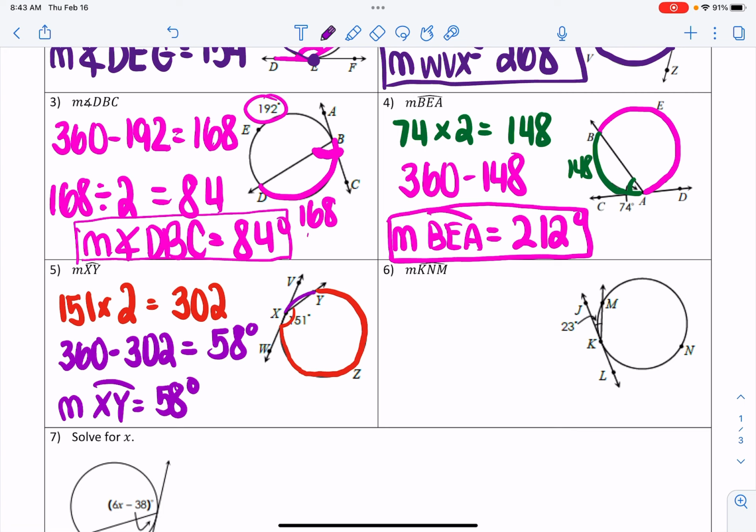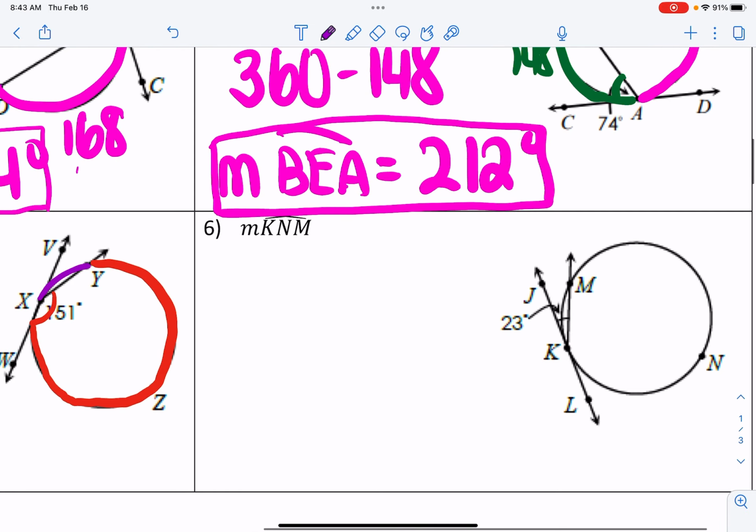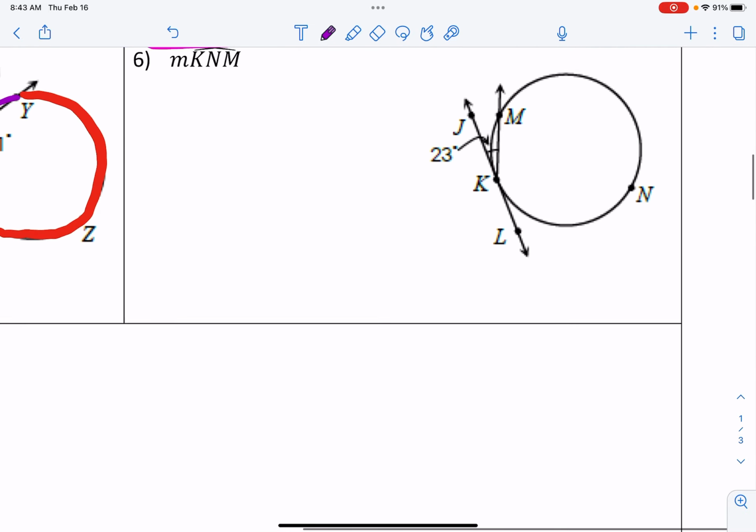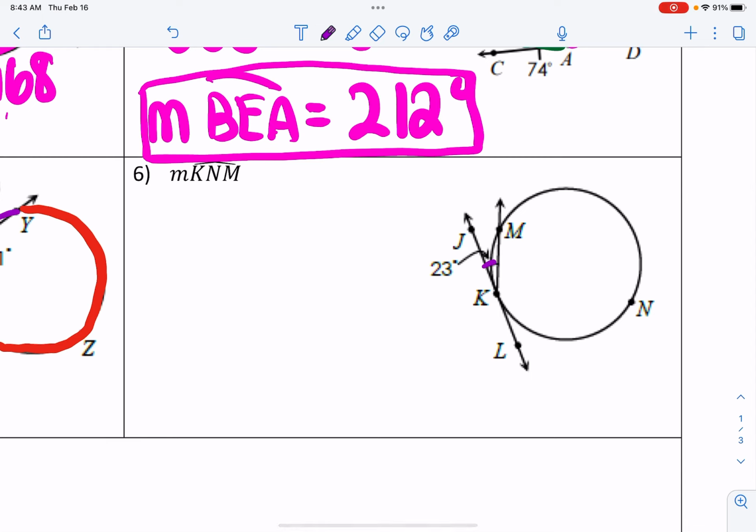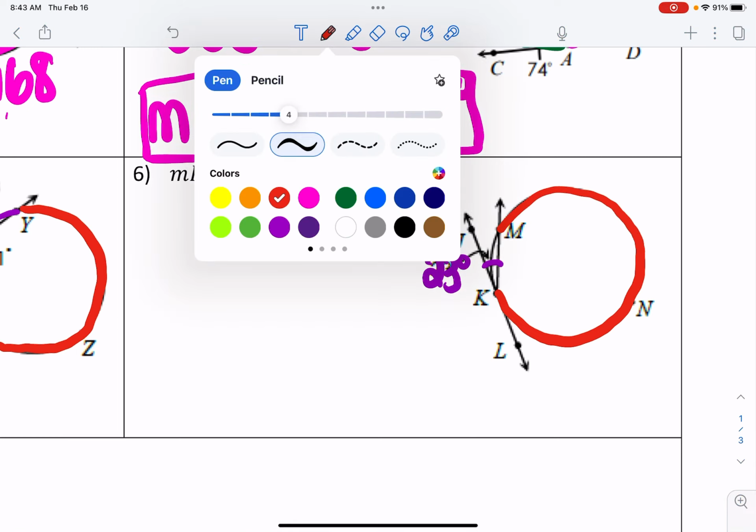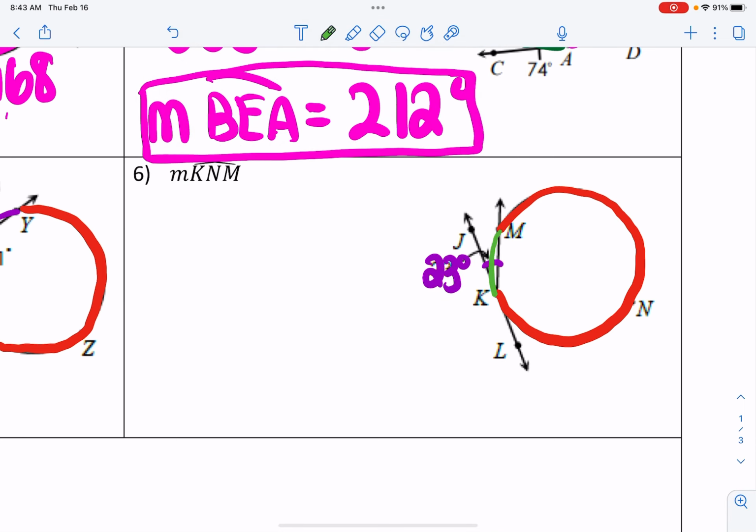Okay. For number 6, it's really hard to see, but this angle right here is 23 degrees, okay? So if I'm trying to find the measurement of arc KNM, that major arc labeled in red, I want to find the measurement of this really small arc right here.